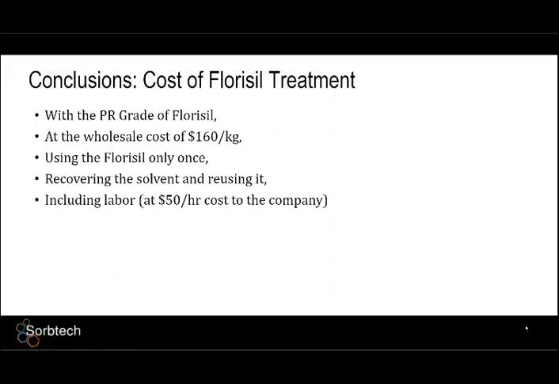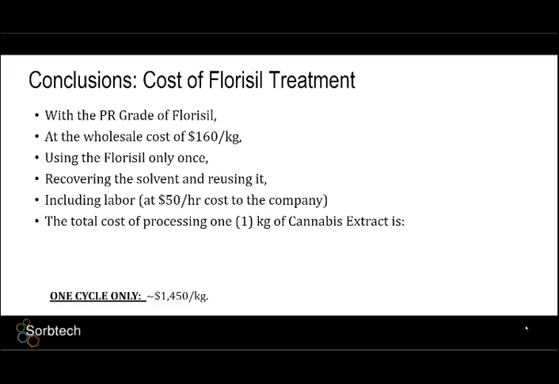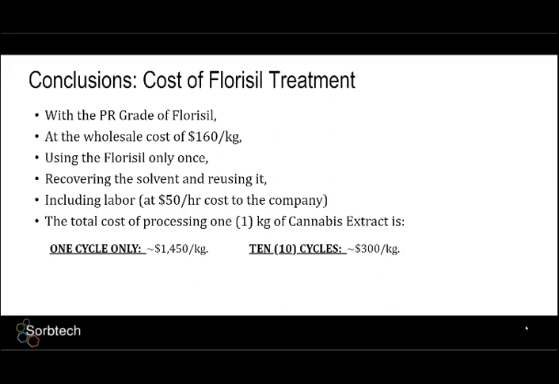I just used a general figure of $50 an hour cost to the company. The total cost of processing 1 kilogram of cannabis extract is about $1,450 a kilogram. However, if we do that for 10 cycles, that drops to $300 a kilogram. But that is an assumption we are currently verifying and will be addressed in the next presentation in this series.